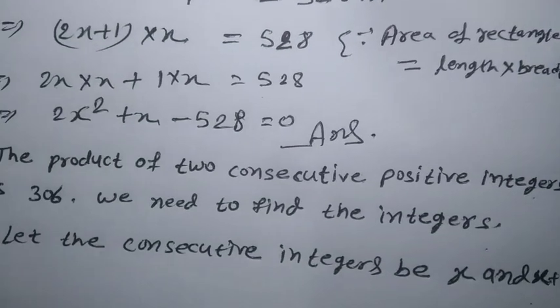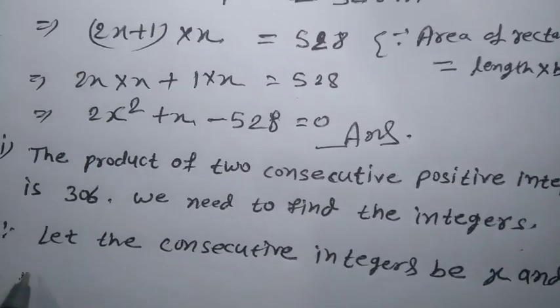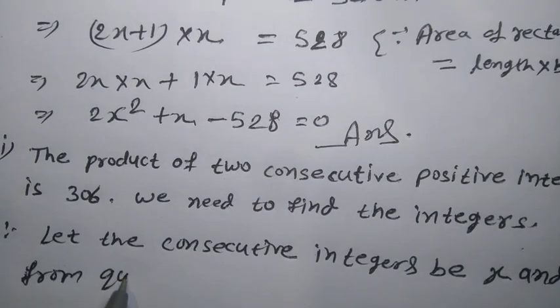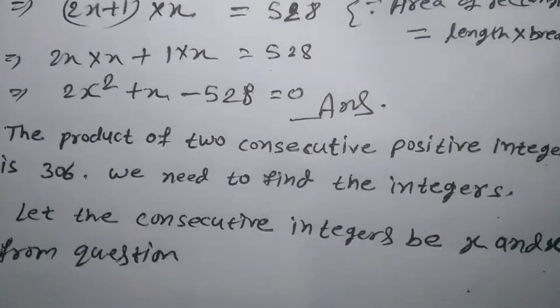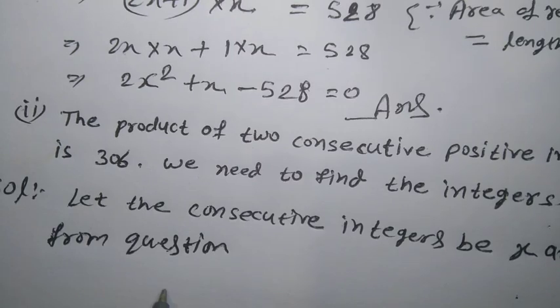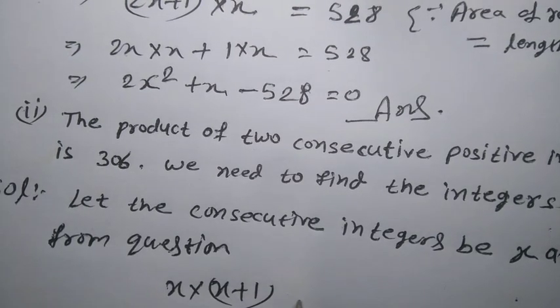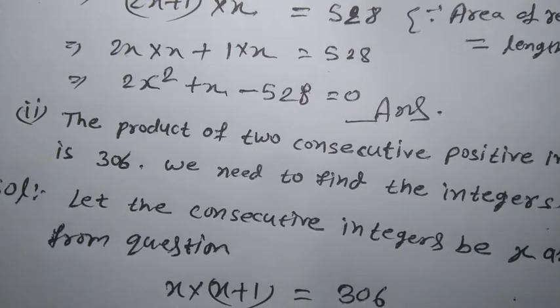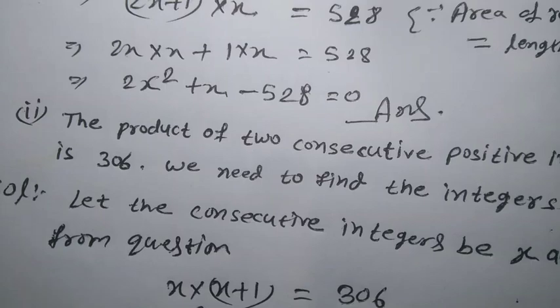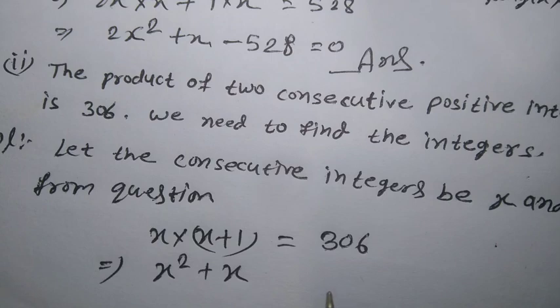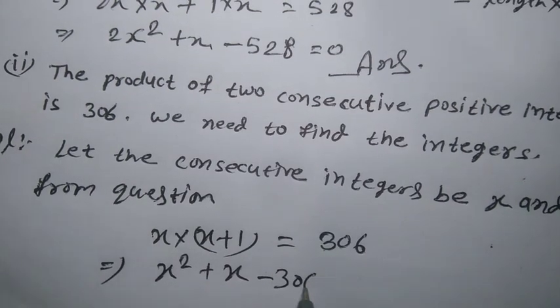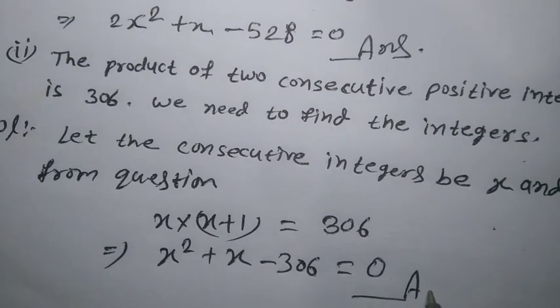From the question, the product of two consecutive positive integers, so x into x plus 1 is equal to 306, implies x square plus x, 306 goes to the other side, minus 306 is equal to 0. That is our answer.